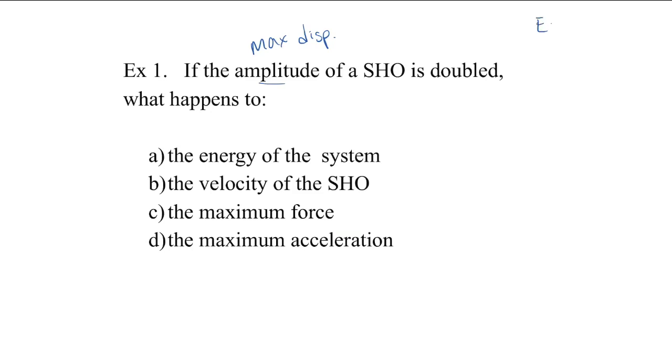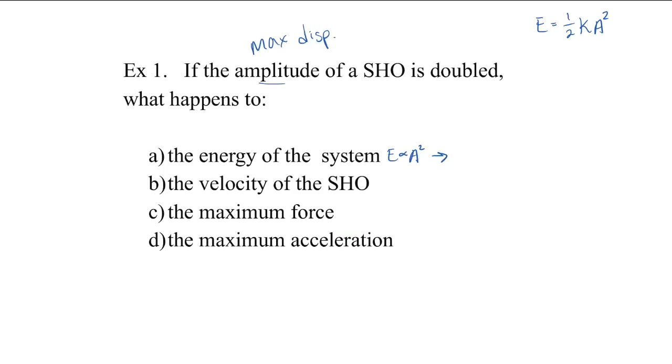So, energy of the system. How is energy related to amplitude? Well, of course, we know energy is 1/2 kx squared, but then when x is at its maximum displacement, that's A. So it's equal to 1/2 kA squared. So here we see that energy is proportional to the amplitude squared.